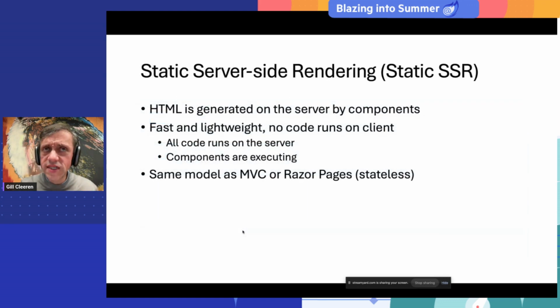It all starts with that new one, the static server-side render mode. As mentioned, it is something that wasn't in Blazor before, and it now allows us to have our components just render HTML on the server, rather than always being interactive and always rendering in an interactive mode, client or server.